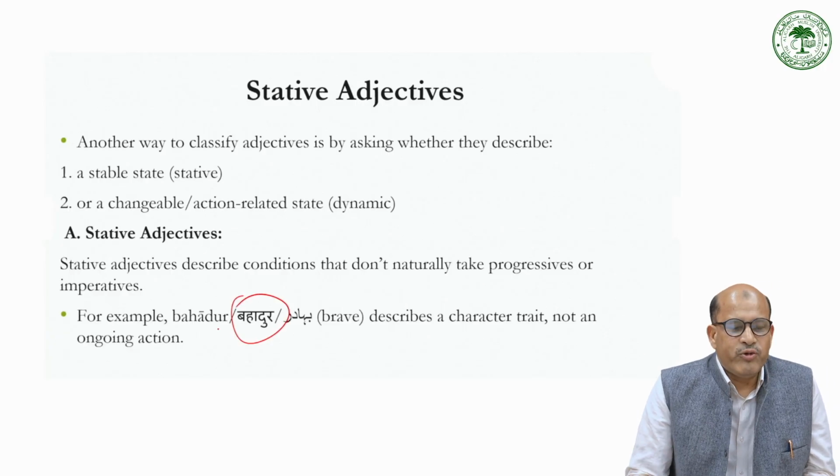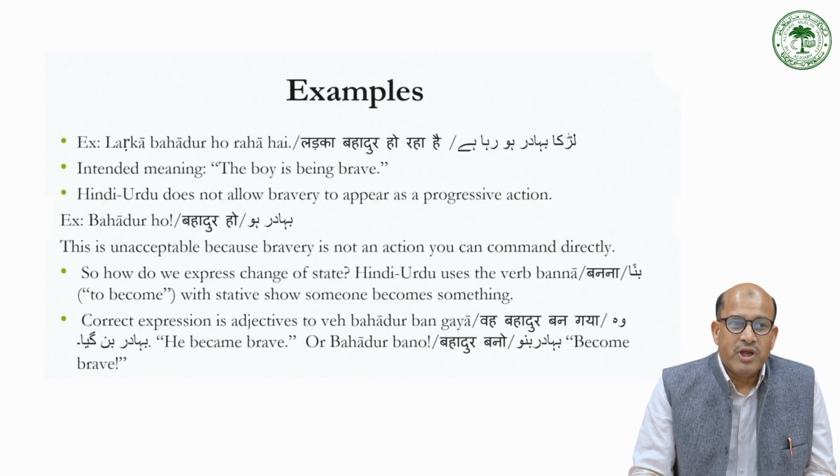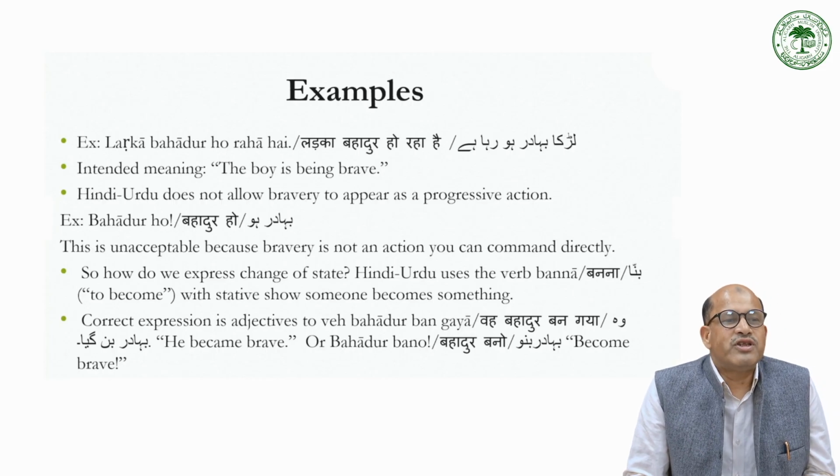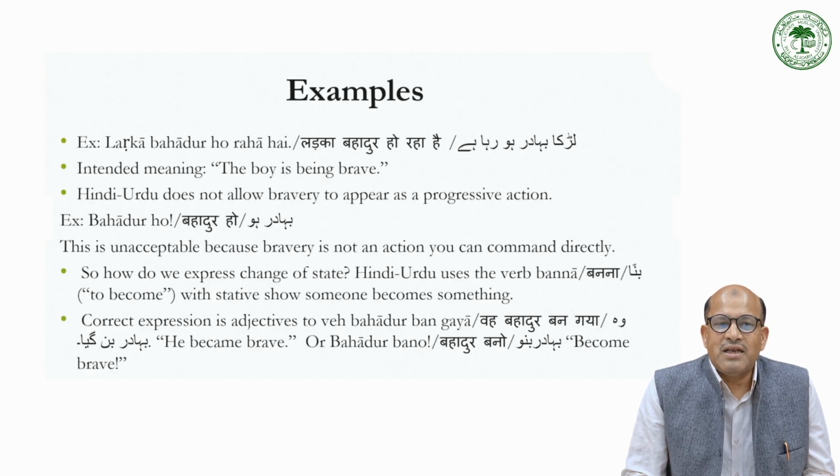So this Bahadur is important here. लड़का बहादुर हो रहा है. The boy is being brave. So this is the intended meaning. Hindi Urdu does not allow bravery to appear as a progressive action. So Bahadur ho, this is unacceptable because bravery is not an action you can command directly.